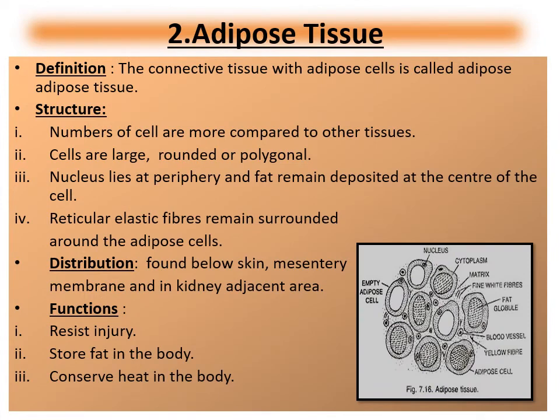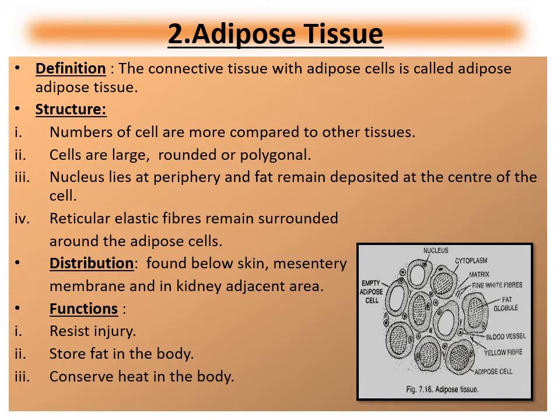Next we are going to discuss adipose tissues. So what is adipose tissue? The connective tissue with adipose cells is called adipose tissue. If we look at the structure of the adipose tissue given in the page, we can find some characters: the number of cells is more compared to other tissues, cells are large, rounded or polygonal, the nucleus lies at the periphery and fat remains deposited at the center of the cell.